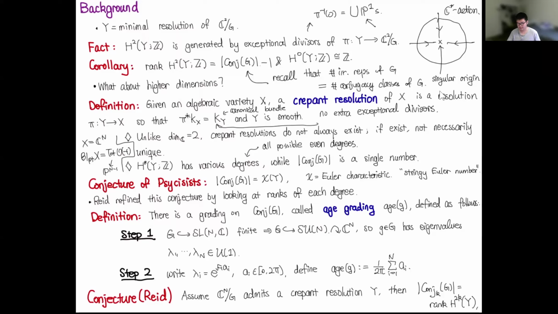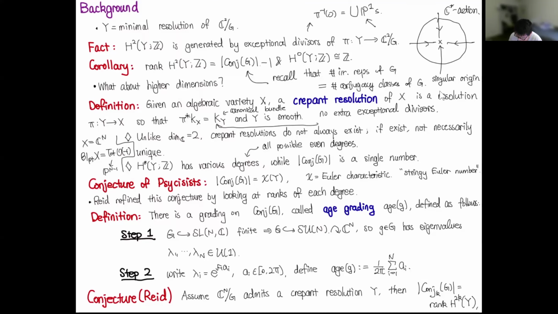But on the other hand, you are still looking at finite subgroups of the special linear group, so the representations are still classified by the conjugacy classes of G, and you only get a single number. There is a conjecture saying that in higher dimensions, the conjugacy classes of G correspond to the Euler characteristic of a Crepant resolution of the variety.